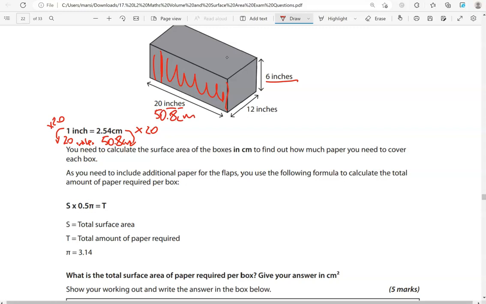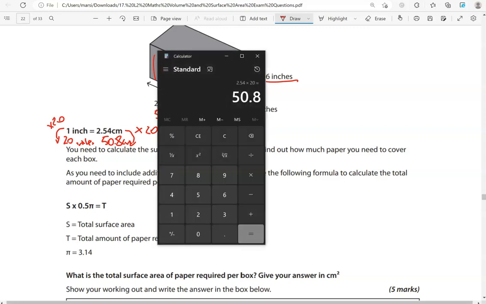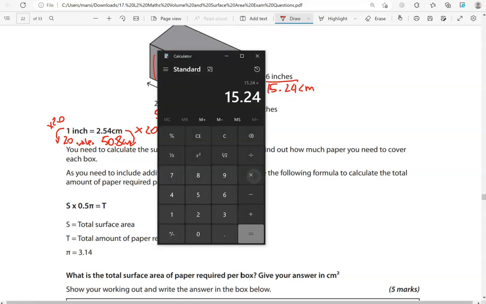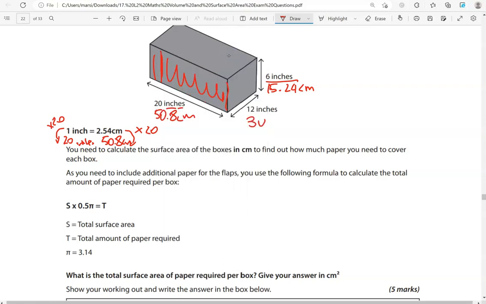And then we've got 6 inches, so we'll do 2.54 times 6, which is 15.24 centimeters, and 12 inches, that will be double that, so we're just going to multiply it by 2. 30.48 centimeters.